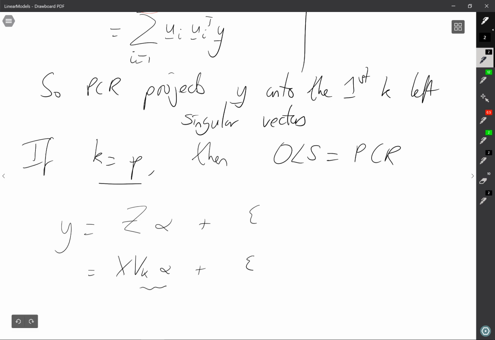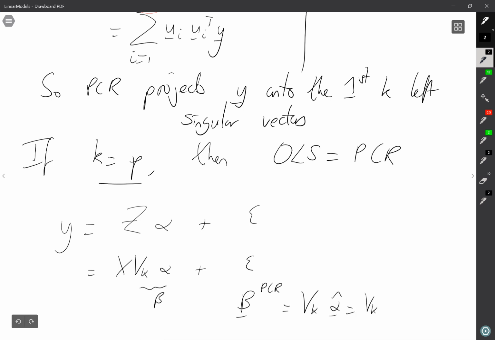So if we think of this as beta, our PCR estimate of beta is just V_k times our estimator of alpha.